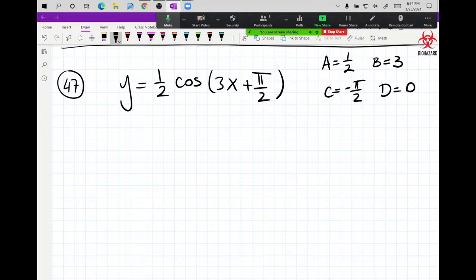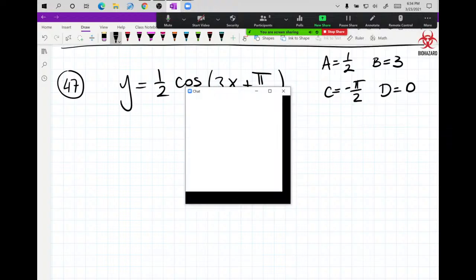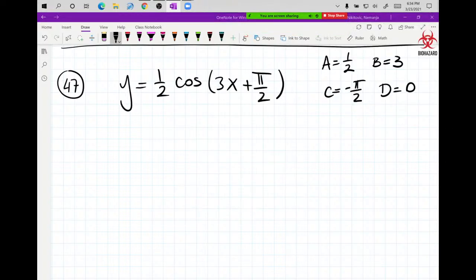Do we actually need this d equals 0 and c? In this case, no. In this case, we don't need them. C will be the part of the start point calculation, and d equals 0 means that the middle line is still our x-axis.